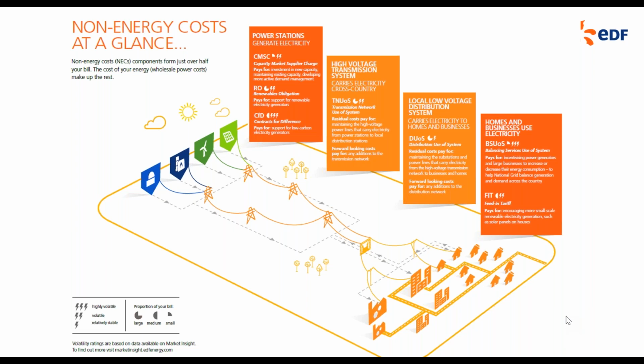And finally, on the right, for homes and businesses, at the bottom end of the journey, if you like. For BSUoS, again, another one that rolls off the tongue, balancing services use of system charge. This is where National Grid have to make sure they're balancing supply and demand exactly for every second, every millisecond of every day, given profiles of consumption.